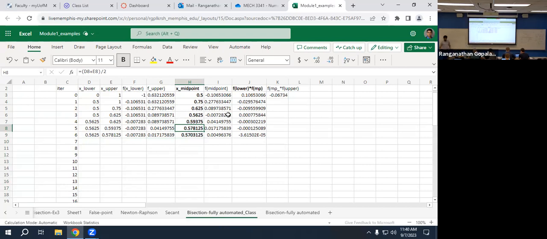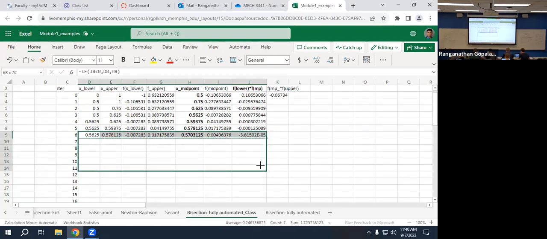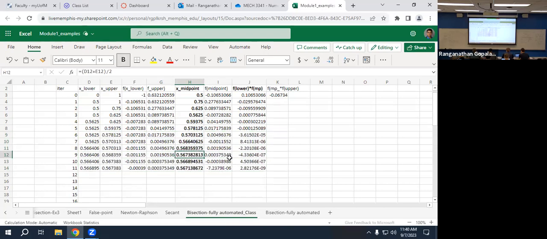So it's getting more precise. And if I add more iterations, I'm getting 0.566, 568, 5683, 5673, 5668. It's slowly converging.